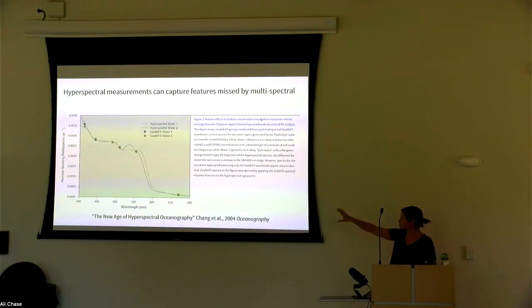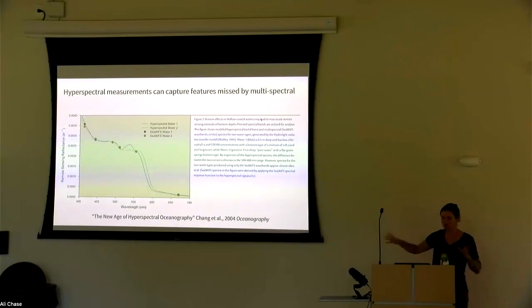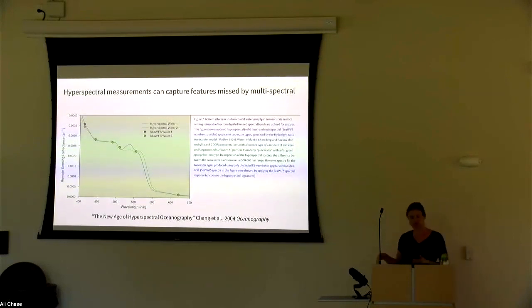These hyperspectral curves were created with Hydrolight software, originally created by Curt Mobley, which I think you all learned. In this shallow water example, very different water with different bottom types looks the same to a SeaWiFS or similar multispectral sensor. But in a hyperspectral sensor, maybe there's a feature that we could actually identify.